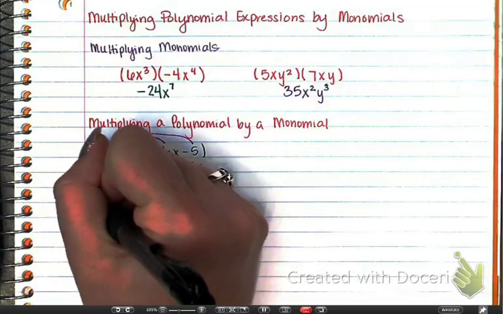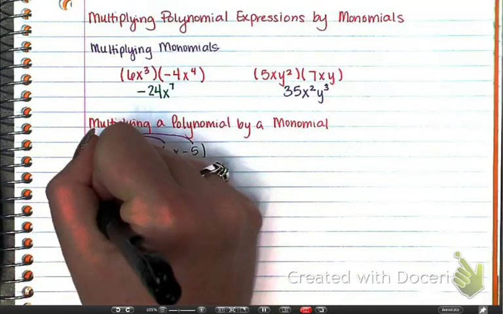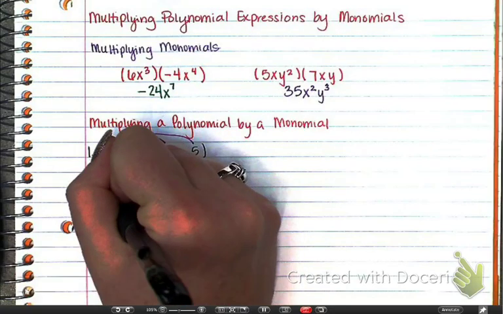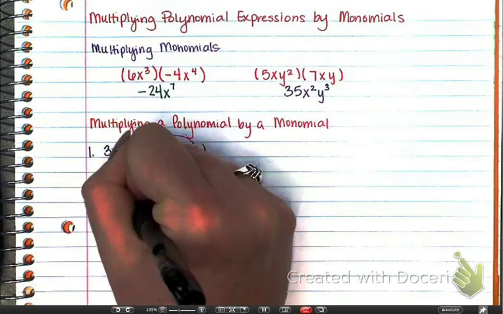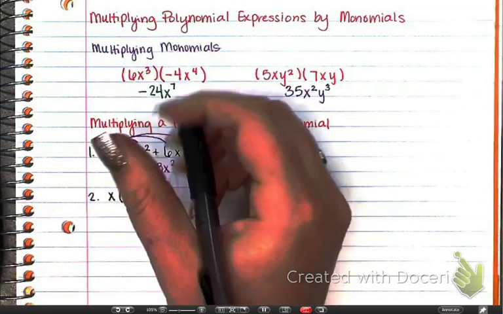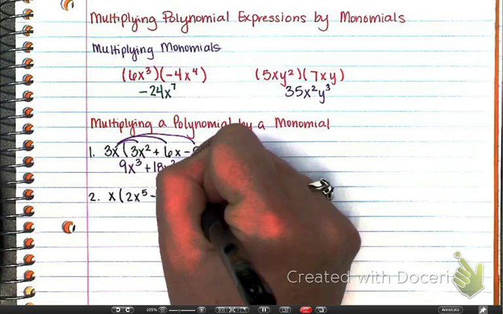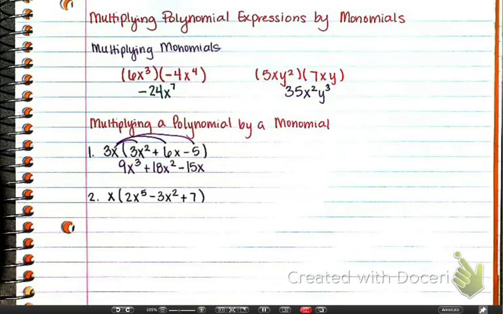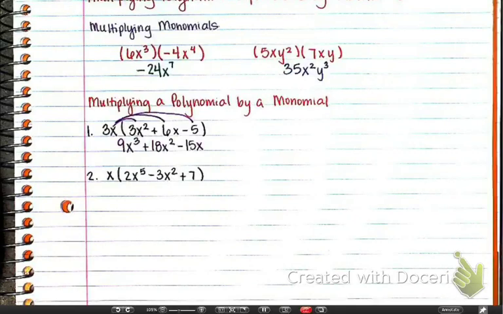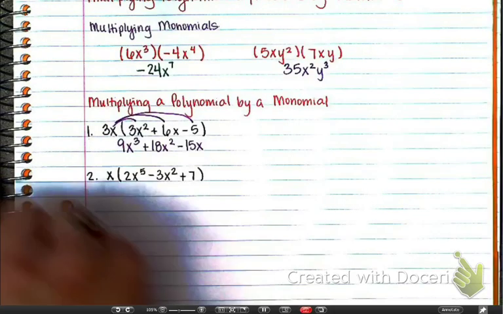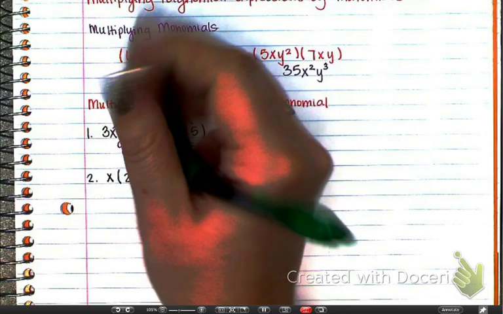Okay, so try this one. Multiply x times 2x to the 5th minus 3x squared plus 7. Who can help me with this one?